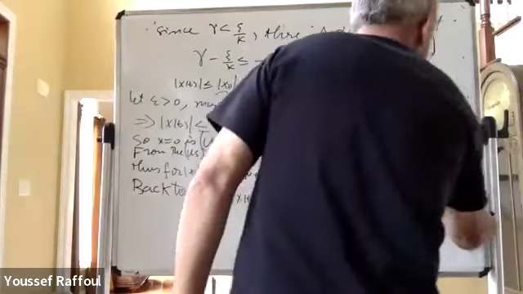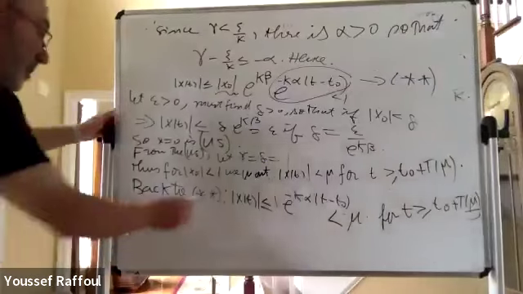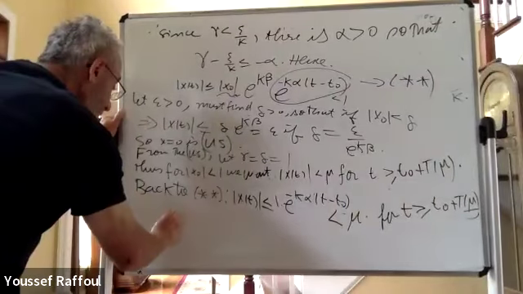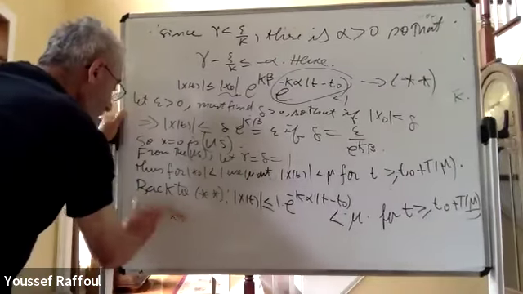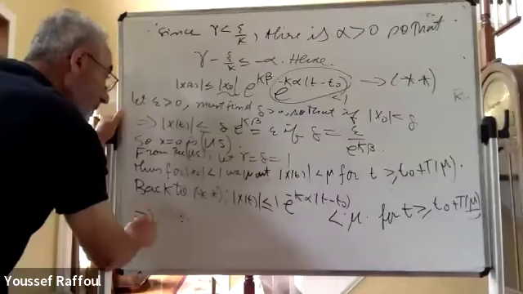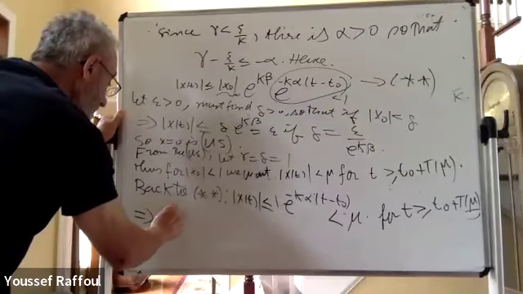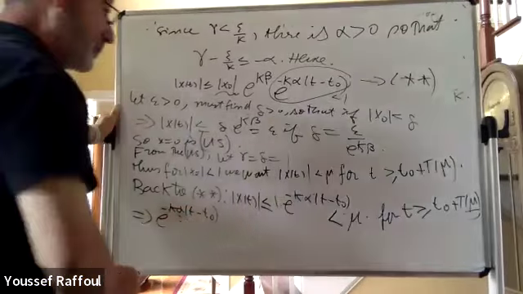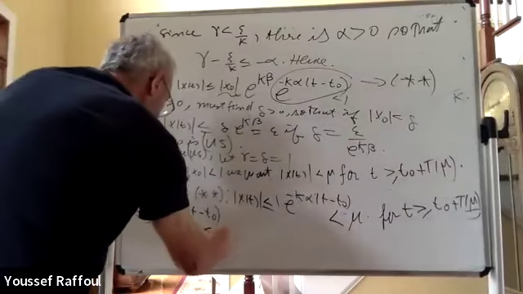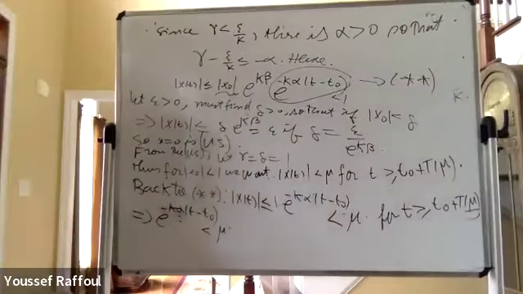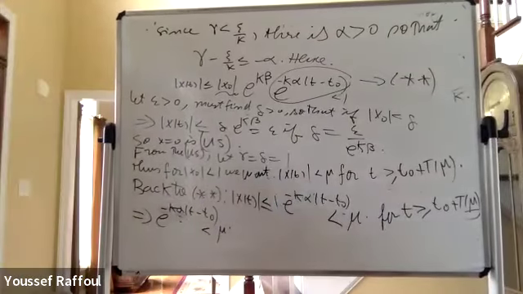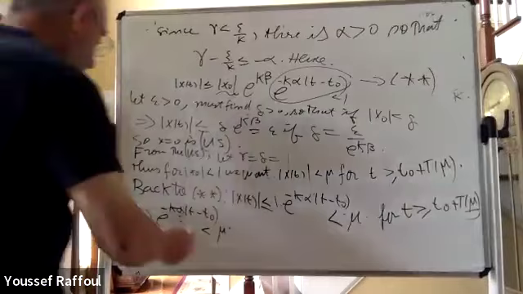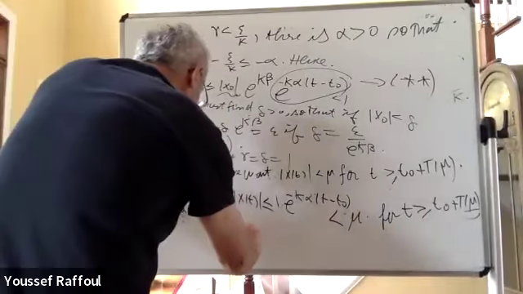So what is this t mu? So this means e to the minus k alpha times t minus t naught less than mu, correct? Solve. Take the logarithm on both sides.